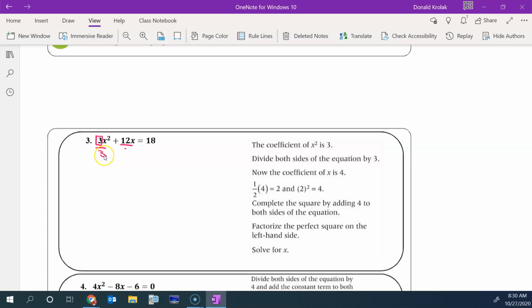So everything gets divided by 3. And now, in order to complete the square, the leading coefficient has to be 1.